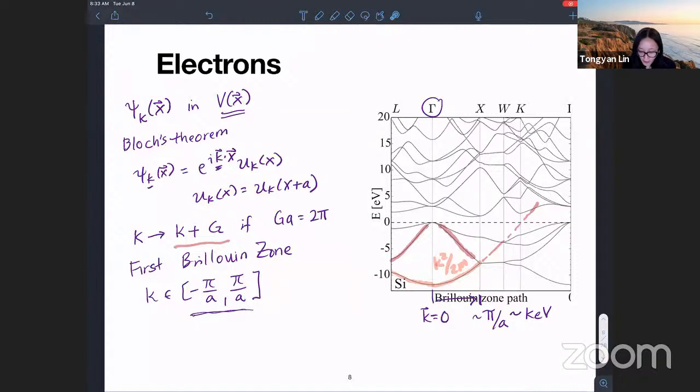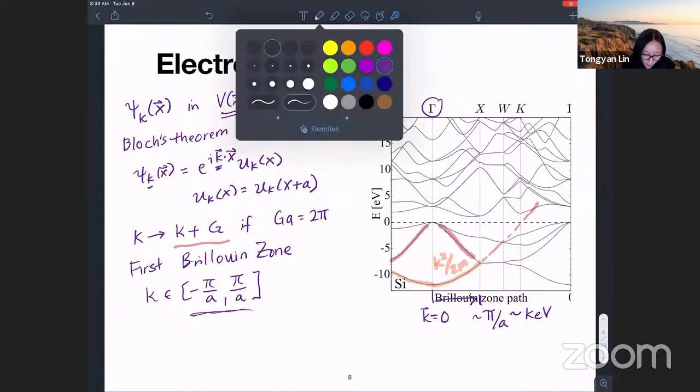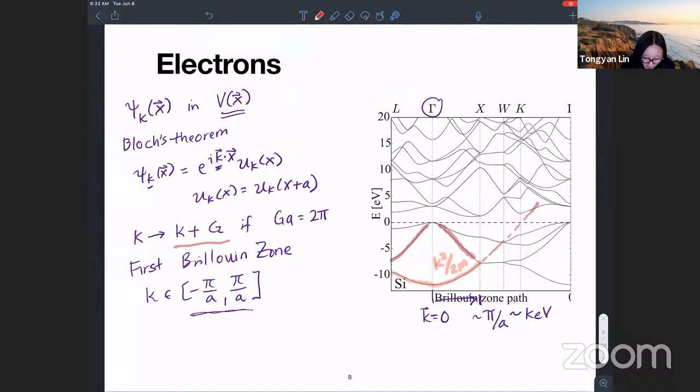And these other points are just other finite momentum points. We won't really look too much at this region. One important point is this dashed line here. This is the Fermi energy for this material, which is silicon.